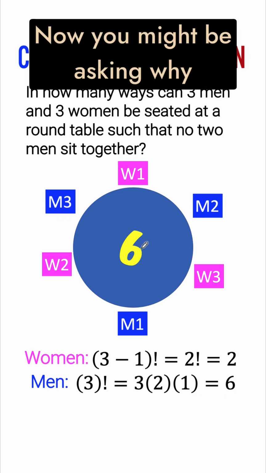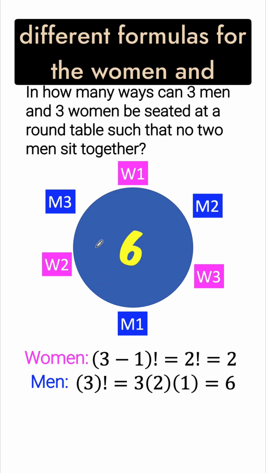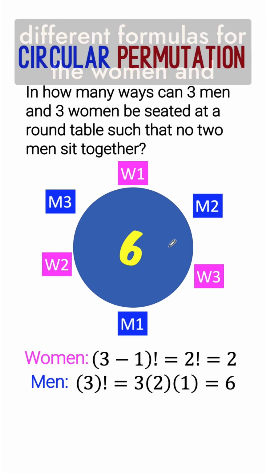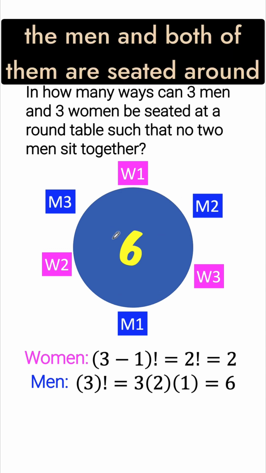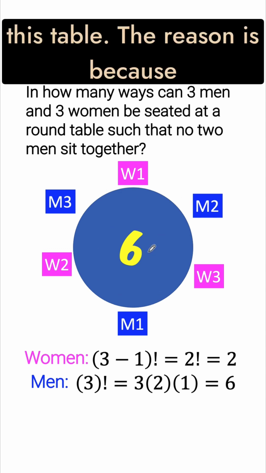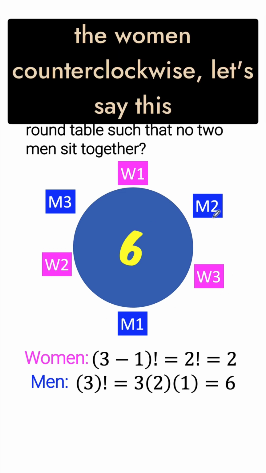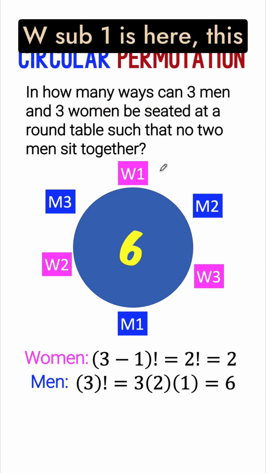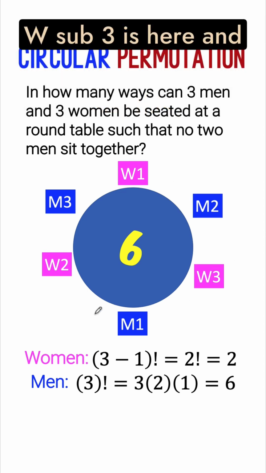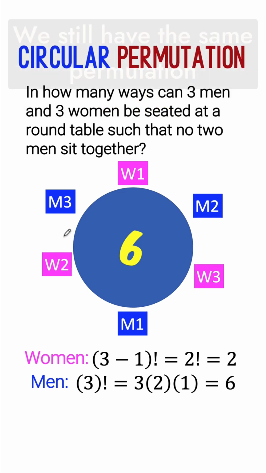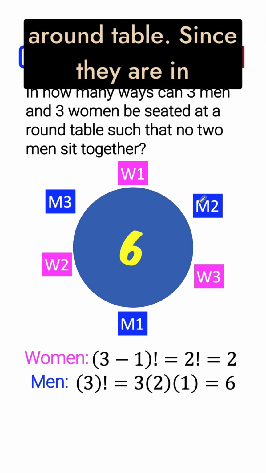Now you might be asking, why is it that there are 2 different formulas for the women and the men, and both of them are seated around this table? The reason is because for the women, if we move the women counterclockwise, let's say this W sub 1 is here, this W sub 3 is here, and this W sub 2 is there, we still have the same permutation around the table.